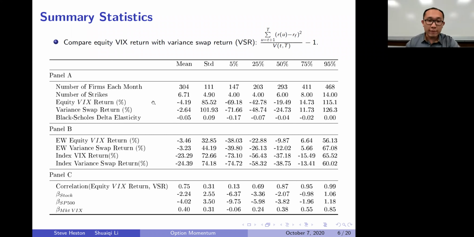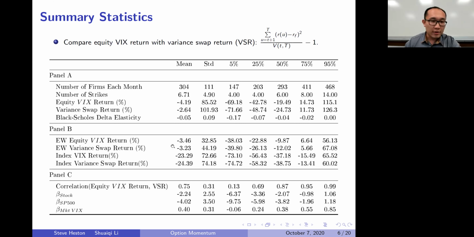For the equally weighted portfolio, the difference between VIX return and VSR is much smaller, and the two have a correlation of 0.92. The difference is 0.23% on average each month. Okay, so the approximation is reasonable.